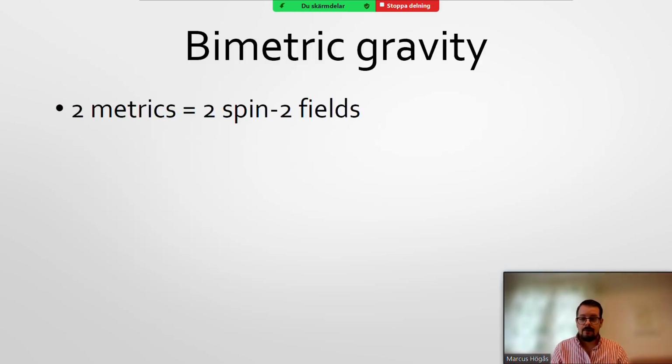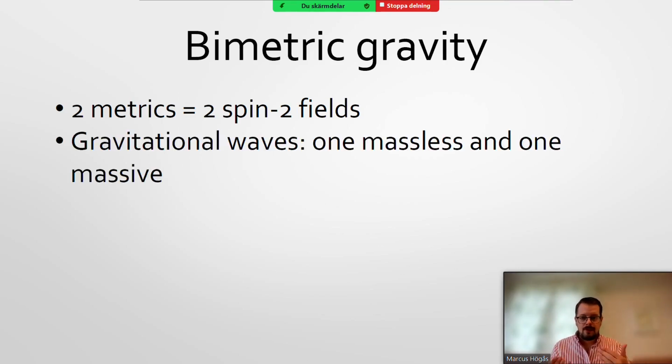And here, to modify the expansion history, we will rely on bimetric gravity. So in short, bimetric gravity is an extension of general relativity, GR, that exhibits two metrics instead of one. Another way to think about it is that in addition to the massless spin-2 field of GR, we also have a massive spin-2 field.